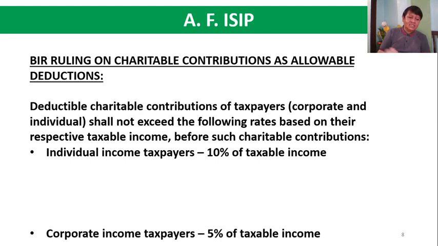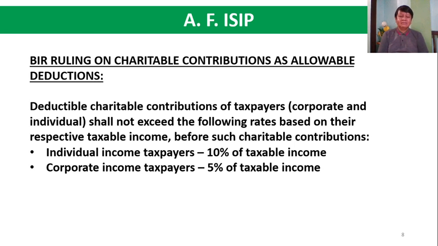Next limitation is about the corporate income taxpayers, and the limitation is 5% of taxable income. So, if you made a donation of large amount of money, you have some limitations as far as allowing the charitable contributions as deduction for tax purposes. The limit is 5% of your taxable income.